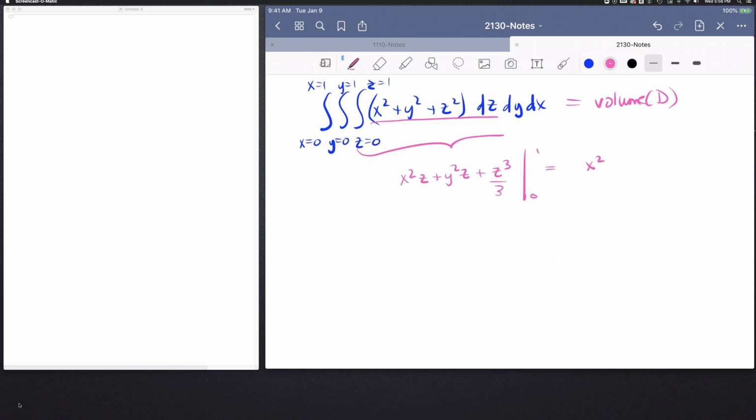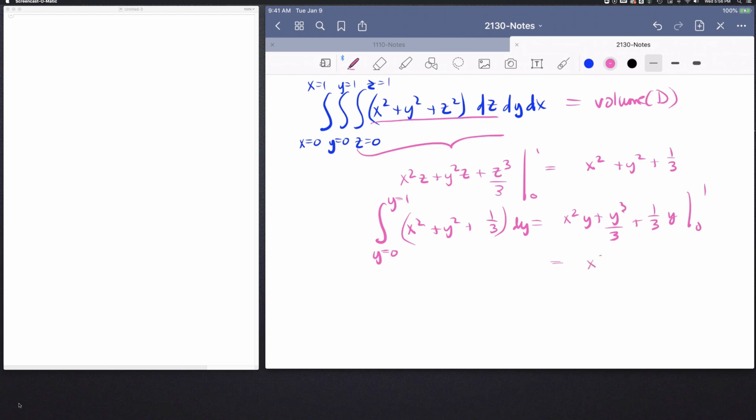So we'll get x squared plus y squared plus a third. And now we move on to the next integral, y from 0 to 1 of x squared plus y squared plus a third, integrating with respect to y. So that would be x squared y plus y cubed over 3 plus a third y, evaluating from 0 to 1.